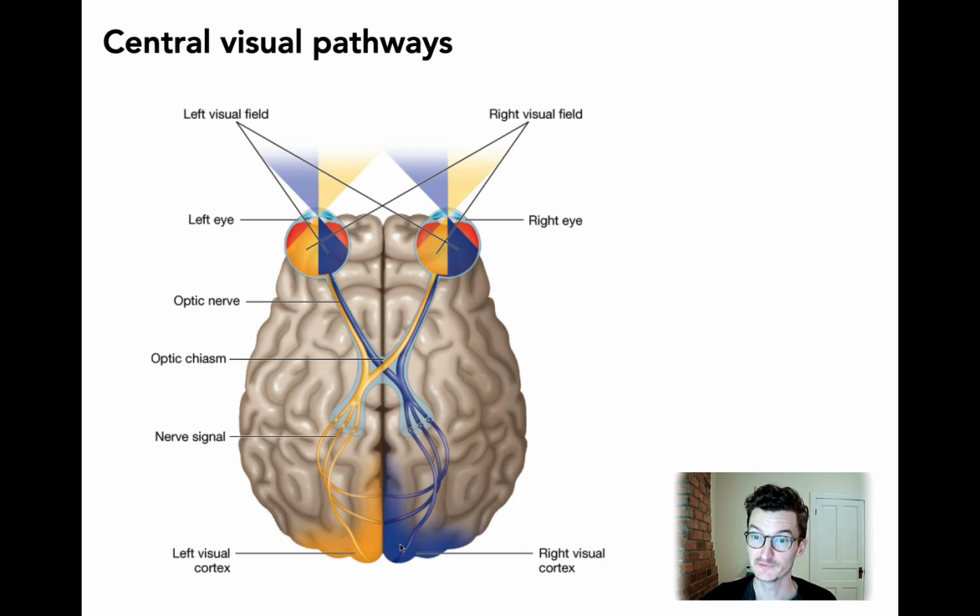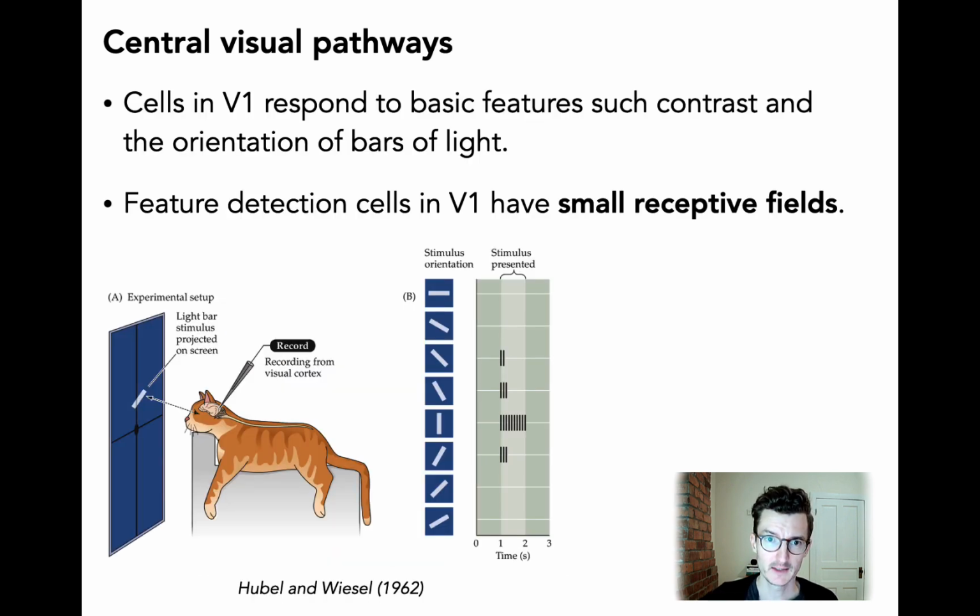And so these visual signals are first processed in the cortex by neurons in primary visual cortex. And as we've reviewed in a prior lecture, those neurons seem to respond to basic features of images that we're looking at. So in Hubel and Wiesel's famous experiment, they had cats look at bars of light at different angles, and they recorded from neurons in primary visual cortex.